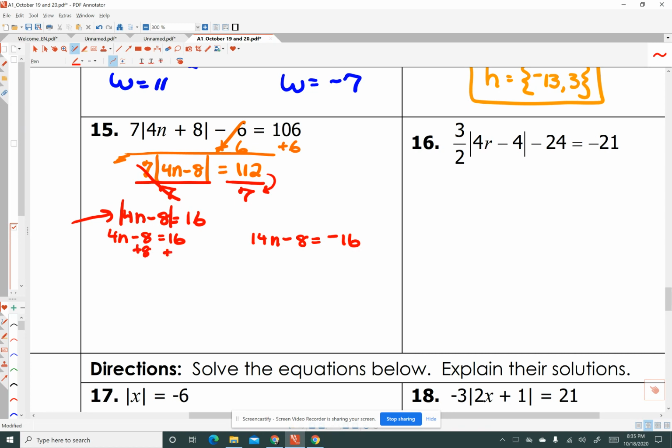Add 8 to both sides. 4n equals 16 plus 8, 24. Divide by 4. n equals 6. And add 8 to both sides.